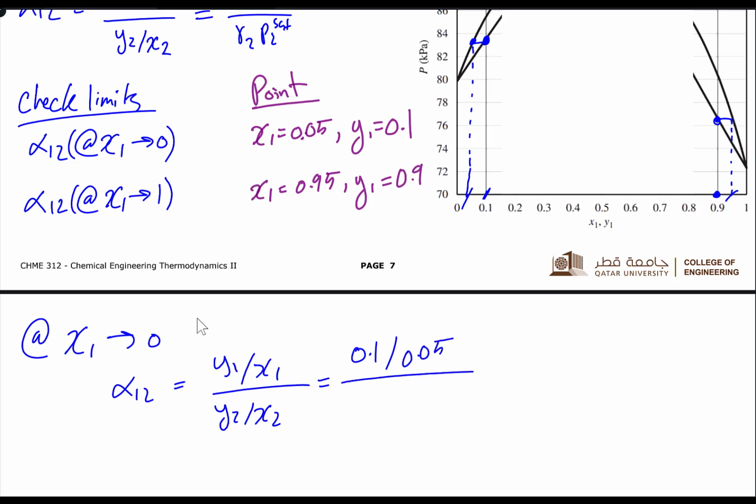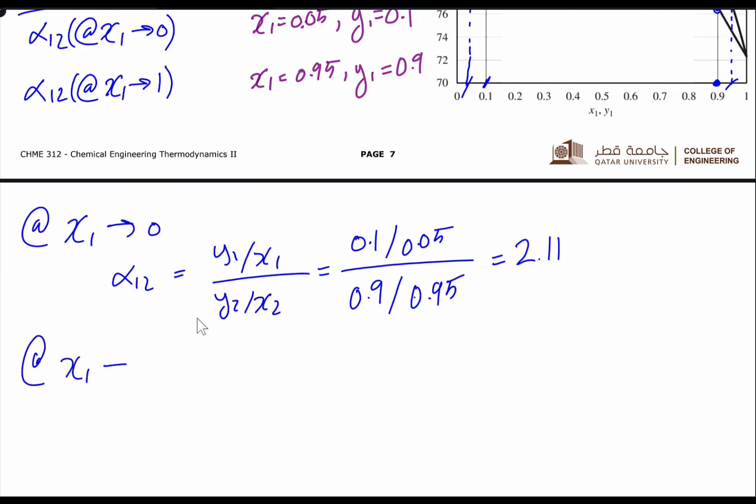What's y2? 1 minus y1, so 0.9. Divided by x2, which is 1 minus x1, so 0.95. We get a value of 2.11.